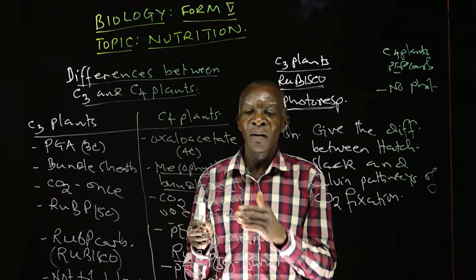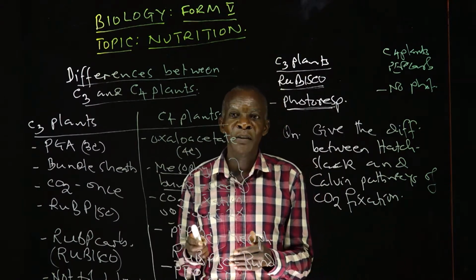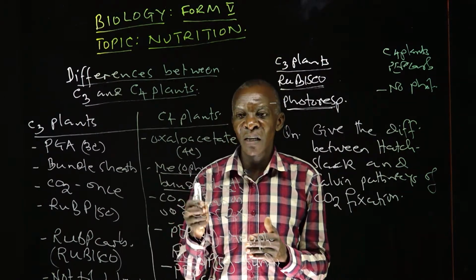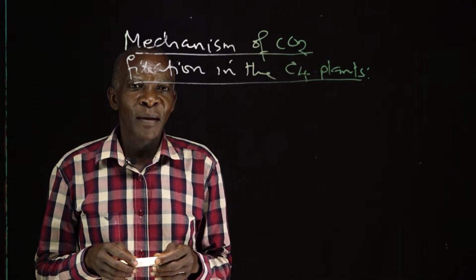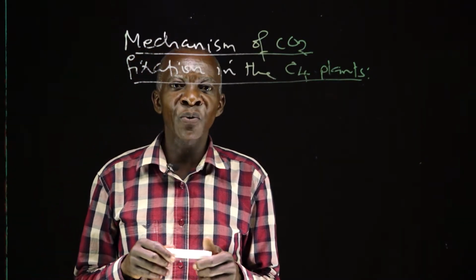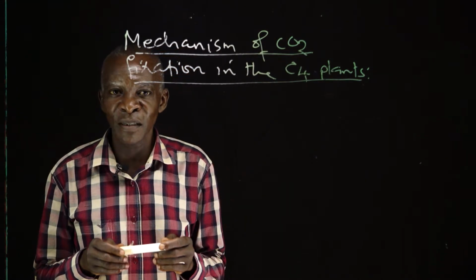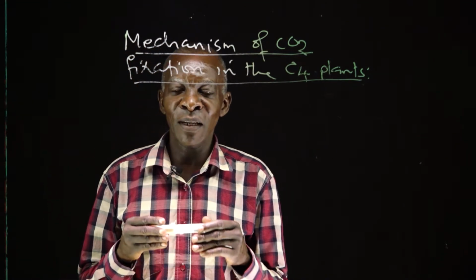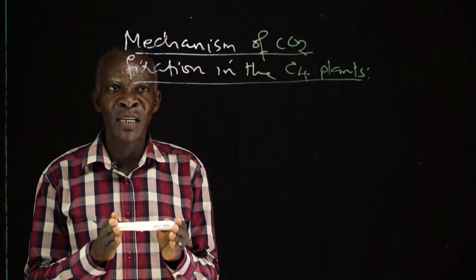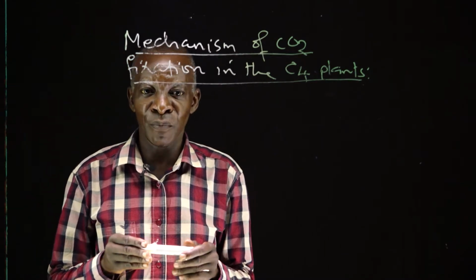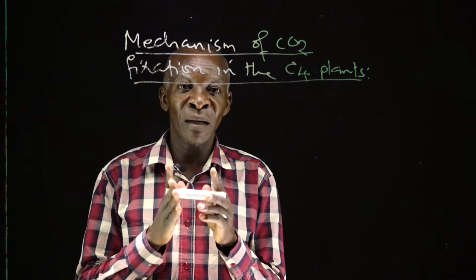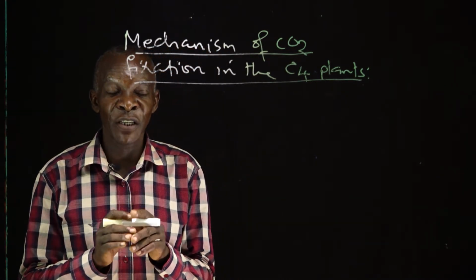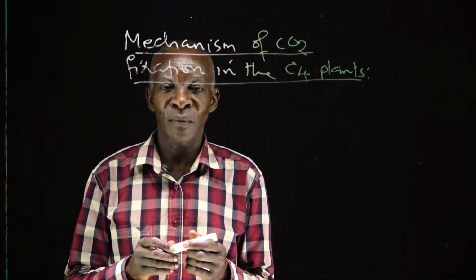Now we have the mechanism of carbon dioxide fixation in the C4 plants. Hello, student. Having seen the differences between C3 and C4 plants, now let us look at the mechanism by which the C4 plants fix carbon dioxide.